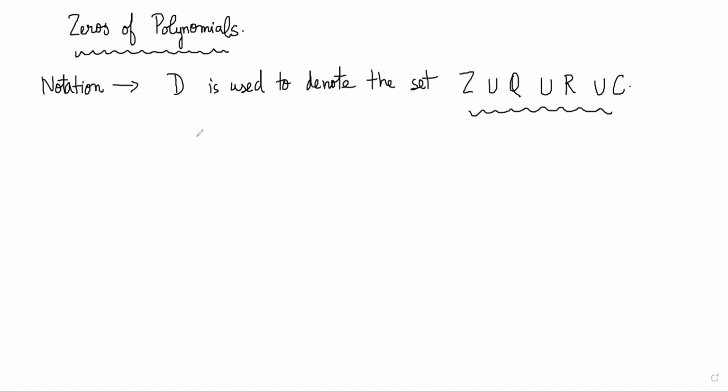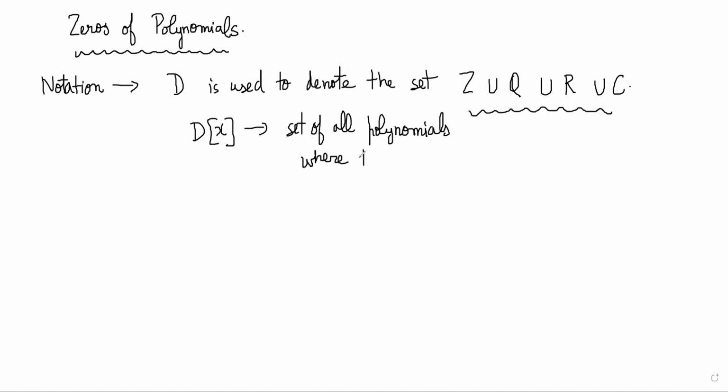So D of x basically means the set of all polynomials where the coefficients could be in set D, and basically D is this set: a set of integers or rationals or reals or complex numbers.